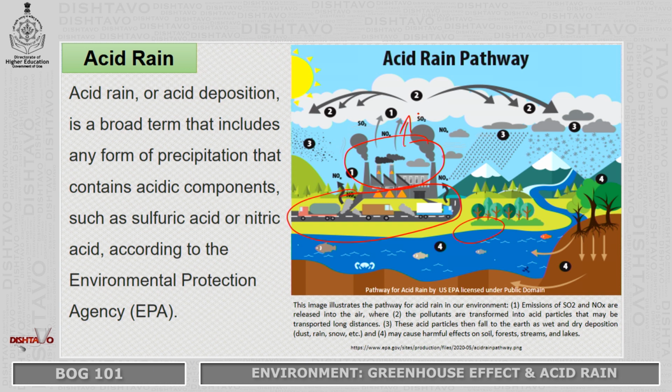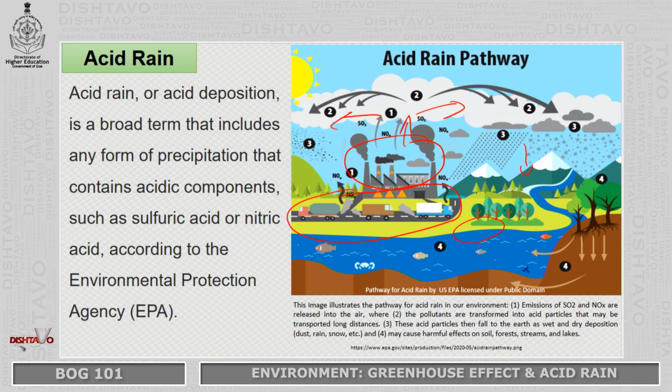Once the acidic matter is formed, it travels in all directions, the way it is led by the wind. And finally, once it gets mixed up with water, it will come down as rain, as snow, as dust or whatever we can call it.